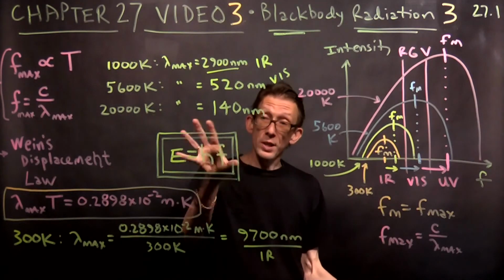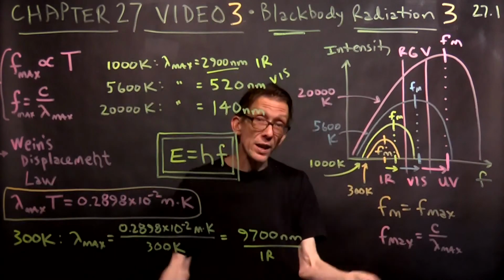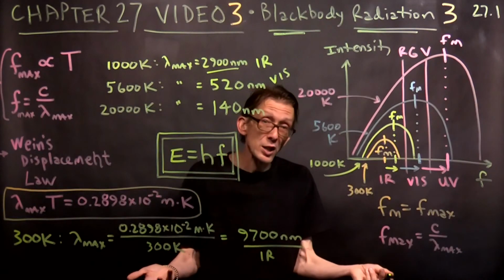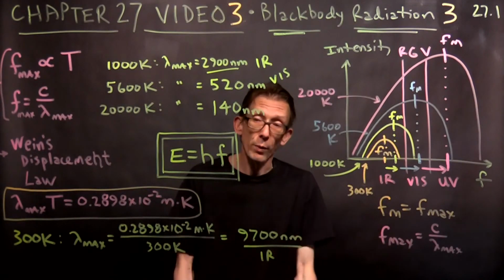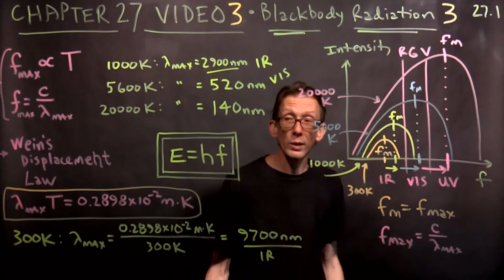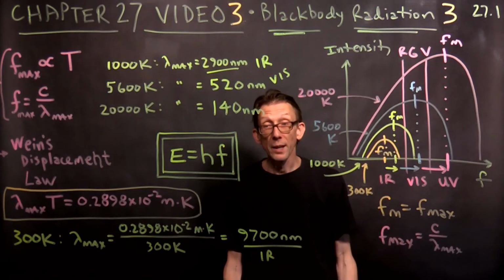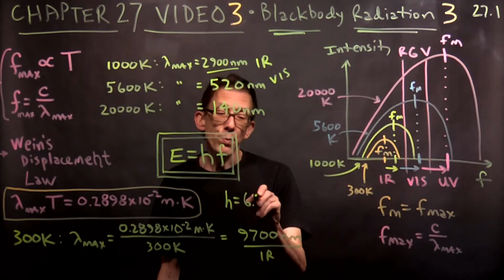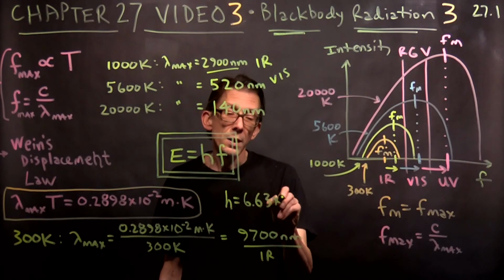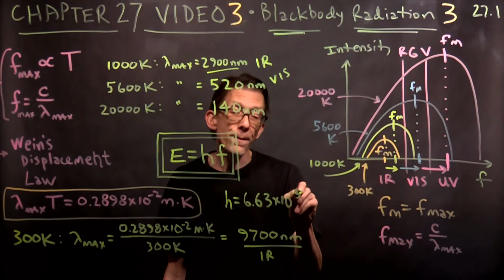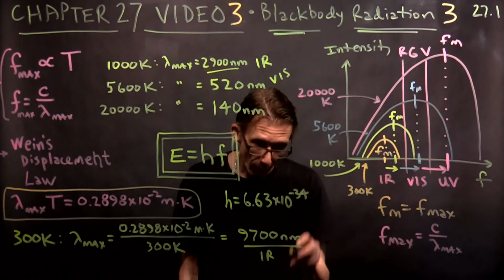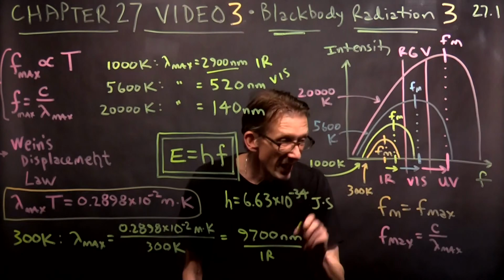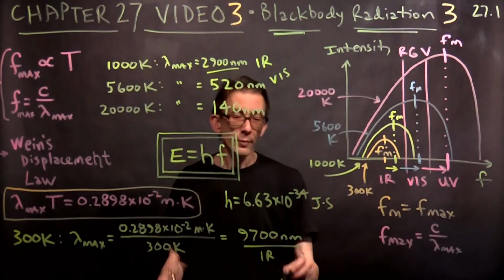So this is a result that came from this so-called ultraviolet catastrophe, the details of which I'm sweeping under the rug. But this is the formula we're left with. E equals hf. And h is 6.63 times 10 to the negative 34th, yes, that's negative 34th, joule seconds.